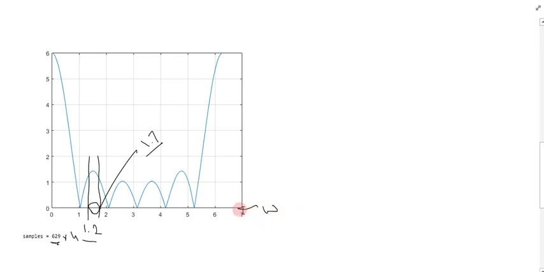The x-axis is omega, and it is plotted between 0 to 2 pi.